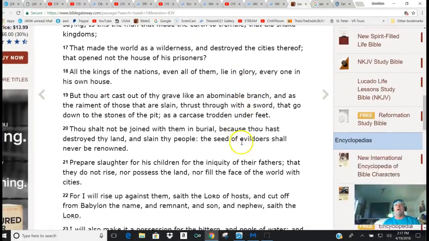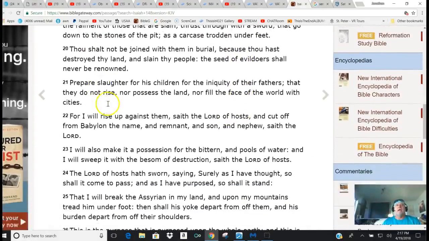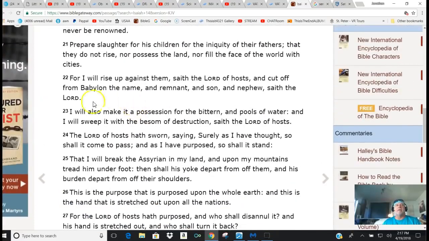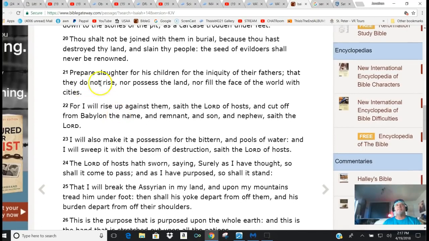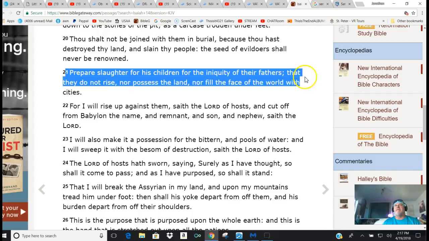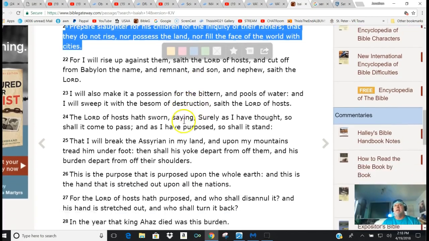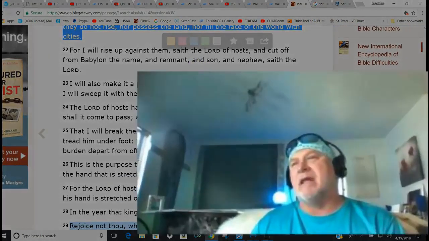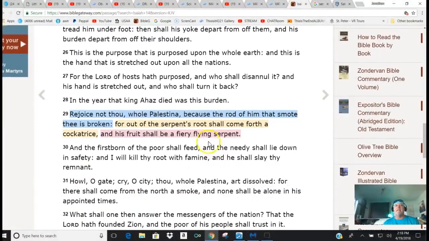And let me show you something here in Isaiah. And I'm just going to jump around. Y'all can read the whole scripture for yourself. But prepare a slaughter for his children for the iniquity of their fathers, that they do not rise, nor possess the land, nor fill the face of the whole world with cities. Because they're the ones that have populated the whole place. The underground race has populated the entire thing, the host body system.